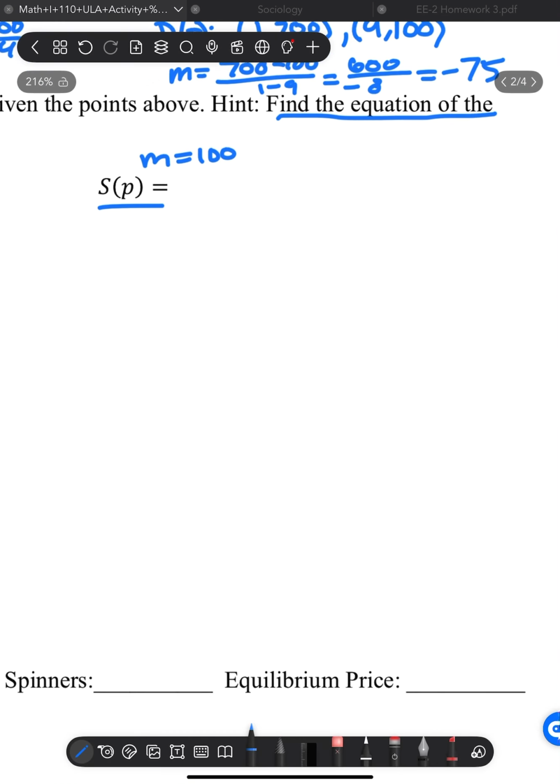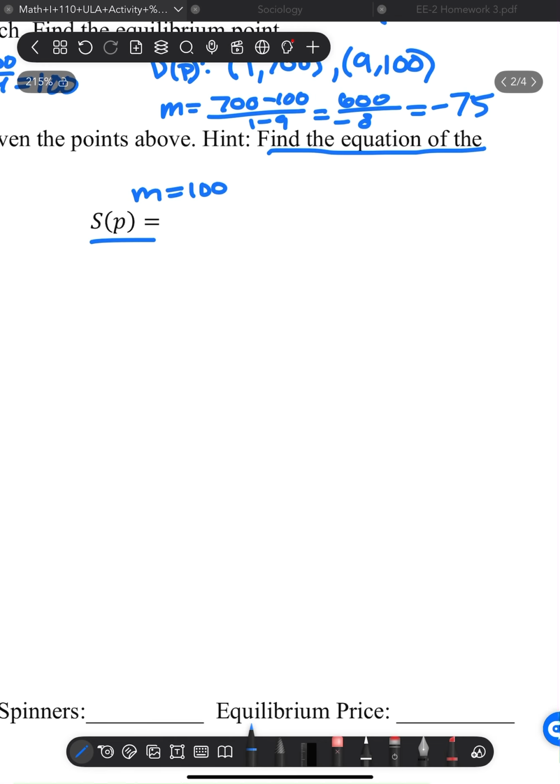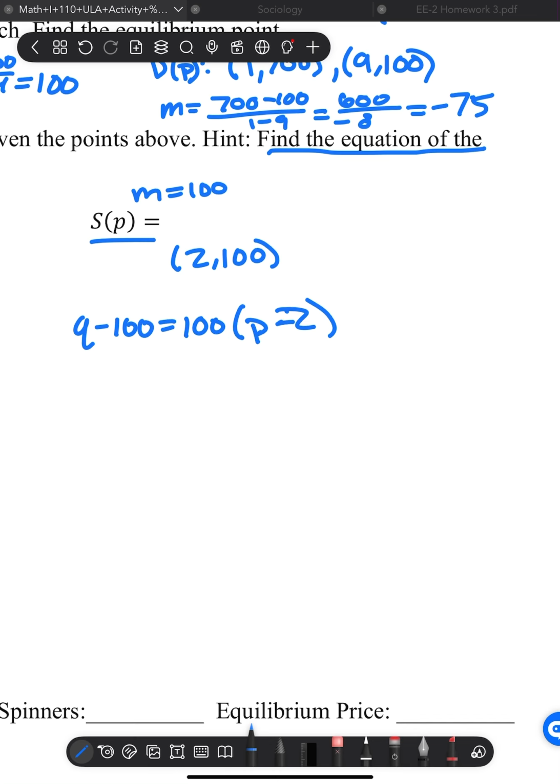Alright, so that is our demand. Now our supply, we have a slope of 100, and here we're going to use the point 2, 100. So by doing that, we have our quantity minus 100 equals 100 times p minus 2. Once you simplify, you get q equals 100p minus 100.